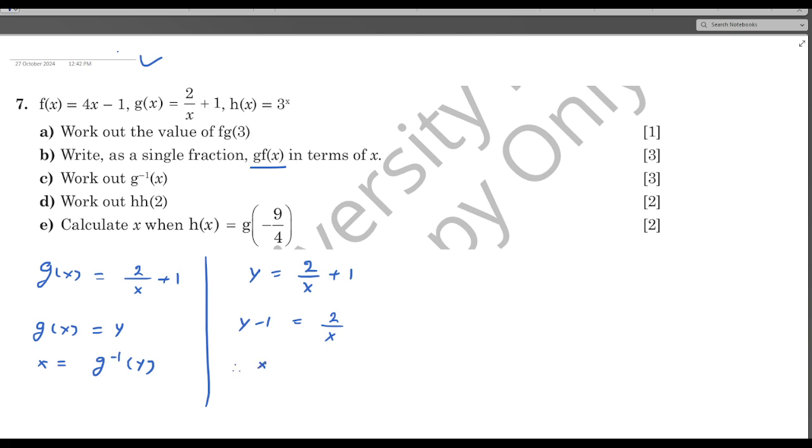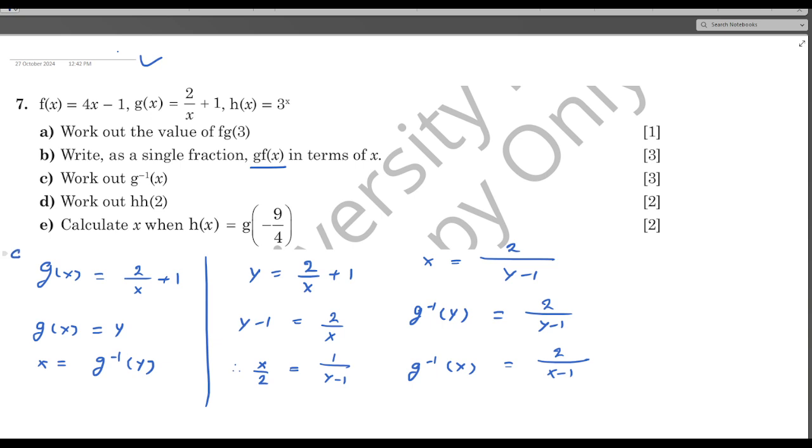So therefore x divided by 2 will be equal to 1 upon y minus 1, and therefore your x is equal to 2 divided by y minus 1, and therefore your g inverse of y is 2 divided by y minus 1, and therefore your g inverse of x is equal to 2 divided by x minus 1. Okay, this is your C.